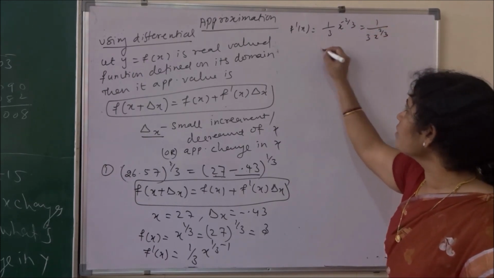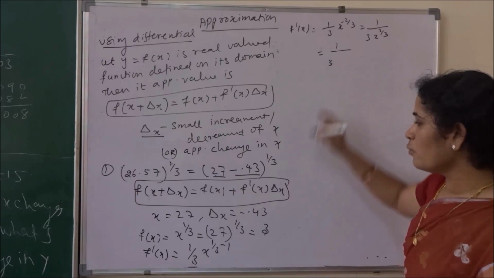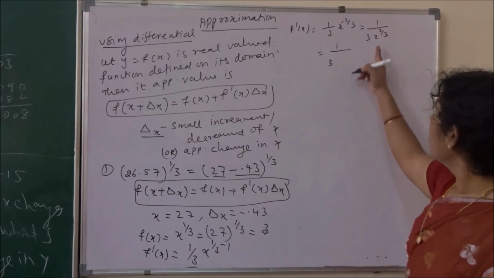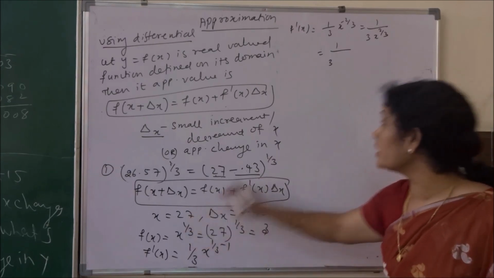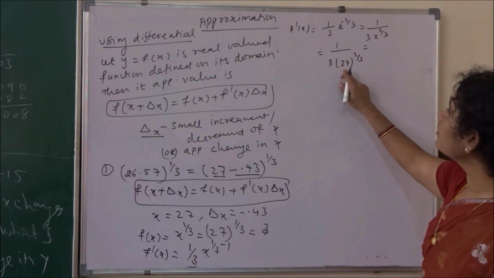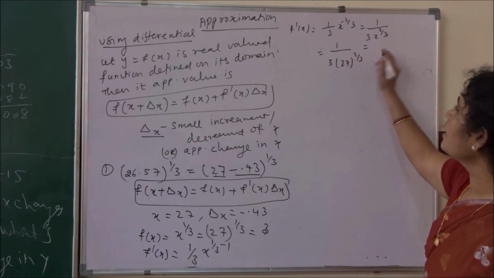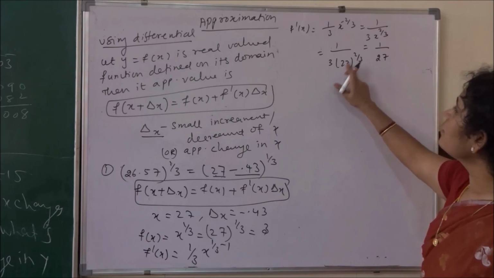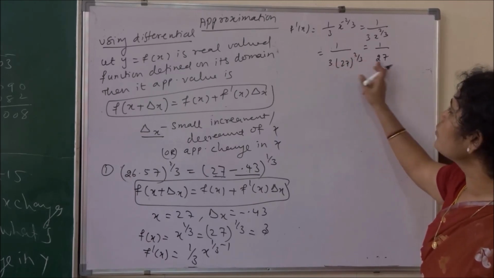Now put x as 27, so 27 whole power 2 by 3. The cube root is 3, and 3 square becomes 9. So 1 upon 3 into 9 gives 1 upon 27.